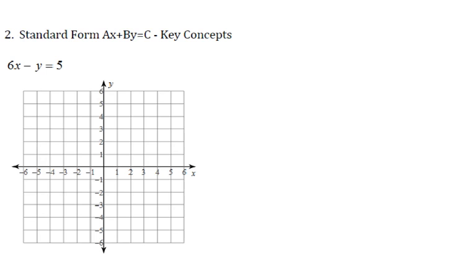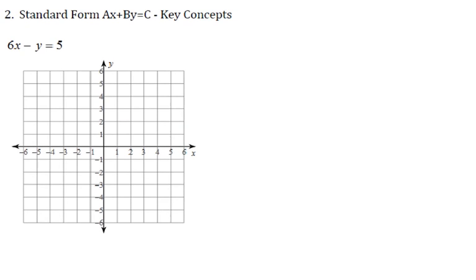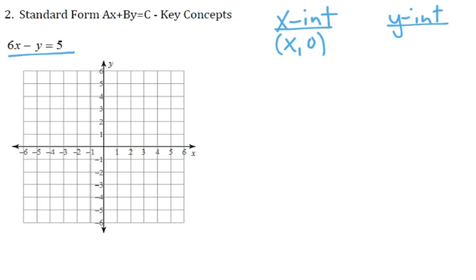Okay, now, if we're talking about the standard form of an equation here, I can actually use the concept of the x-intercept and the y-intercept to help me. That's one way we can graph when you have the x and the y on the same side. That's an easy way, because the x-intercept and y-intercept always have zeros in them.